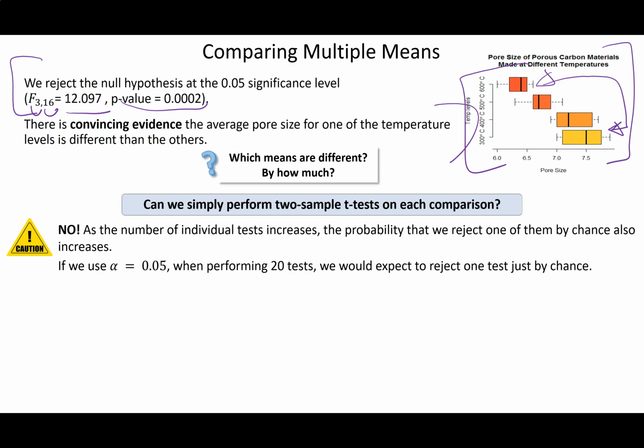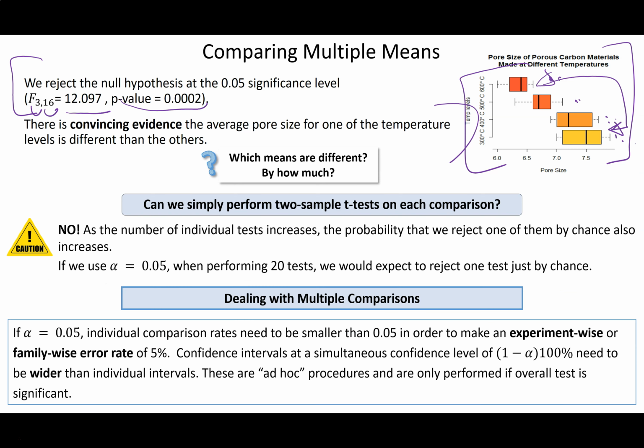So you need to compare 600 to 300, 600 to 400, 600 to 500, 500 to 400, 500 to 300, 400 to 300. You would have to do all of those pairs. So the idea is if we use a significance level of 0.05 at the individual tests, when we perform 20 tests, we would expect to reject 1 test just by chance.